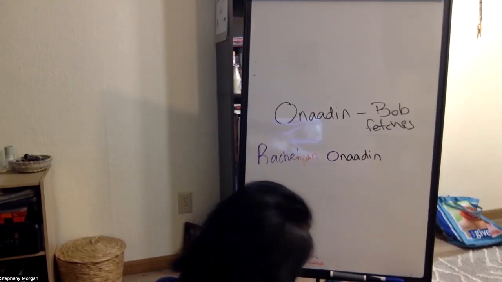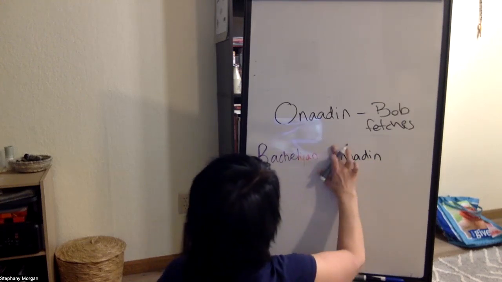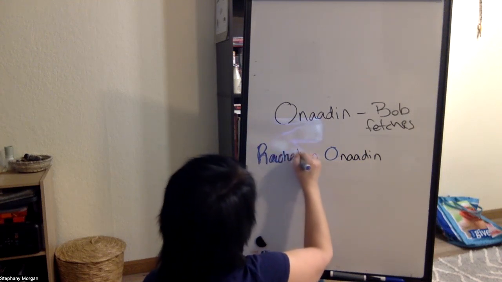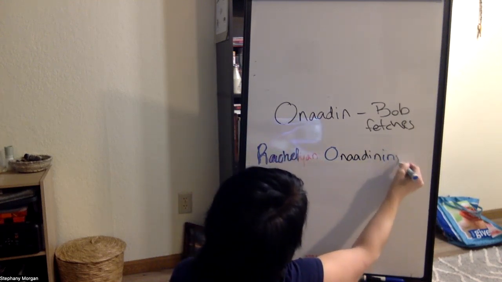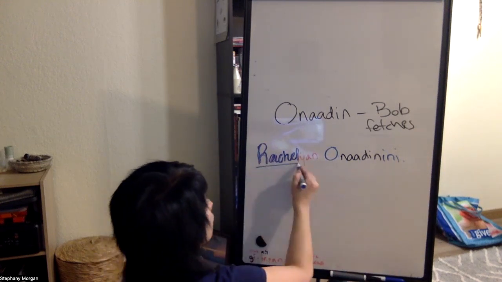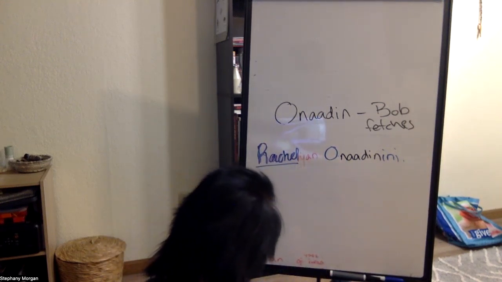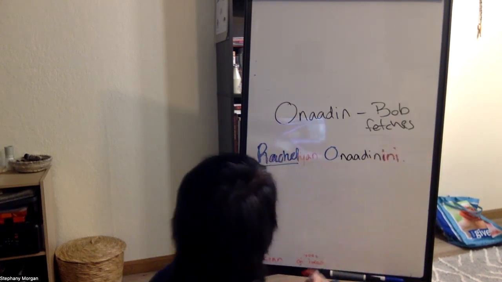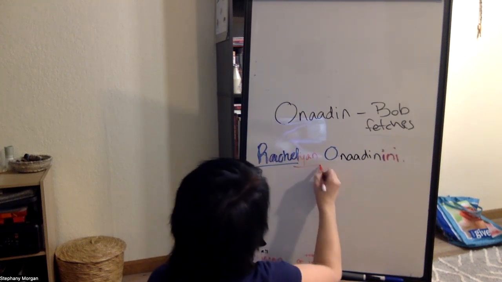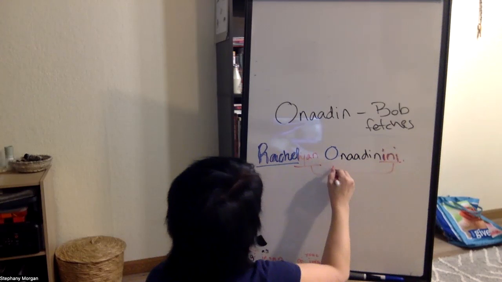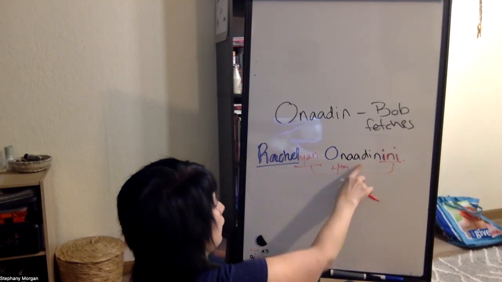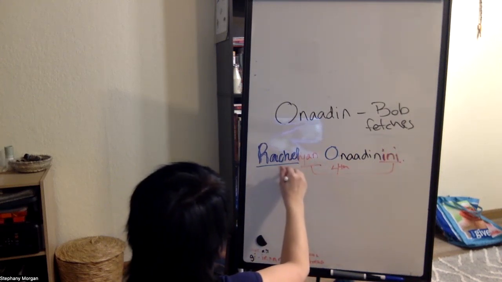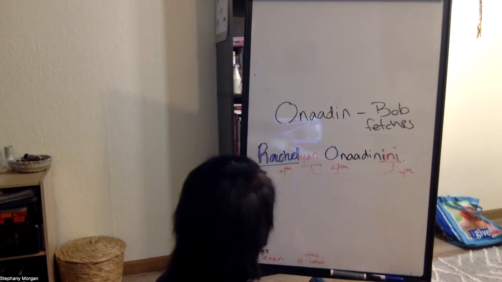So we need to throw a marker on there indicating Rachel. Not in it. Now we know that Rachel is the one doing the fetching, because this and this are in agreement, letting us know that the action is being performed by her because both of them are conjugated according to the fourth person.